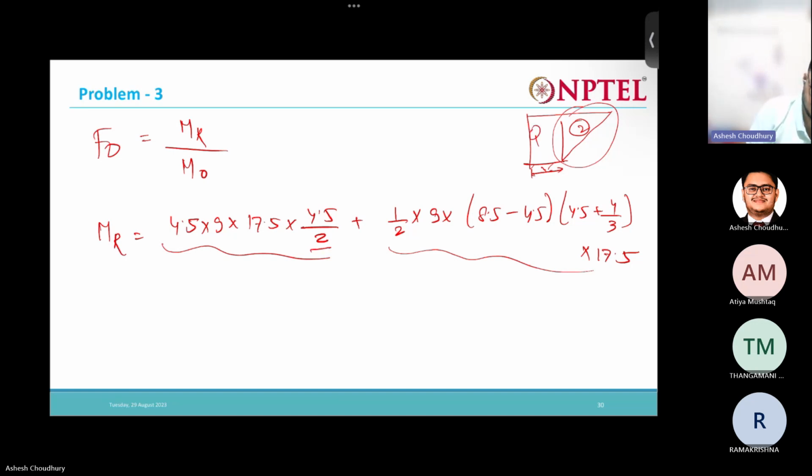Weights times the lever arms, these are the lever arms, that will give you nothing but the moment. Correct. So total resisting moment comes out as, and what is the overturning moment? It is PA into H by 3.